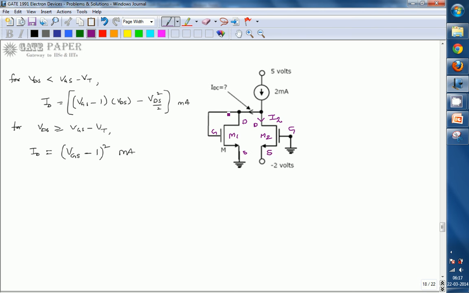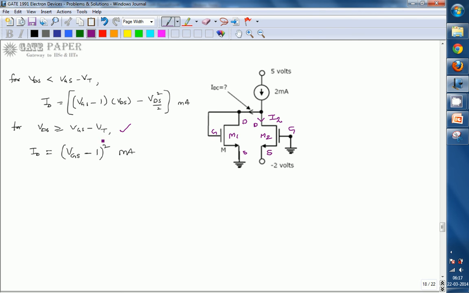Whenever gate and drain are shorted, M1 will definitely be in saturation. The condition for saturation is this one. Check this: VDS should be greater than or equal to VGS minus VT, where VT is the threshold voltage. When gate and drain are shorted, the drain voltage and gate voltage are the same.